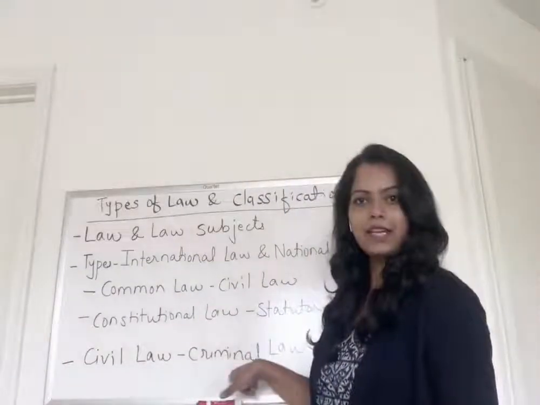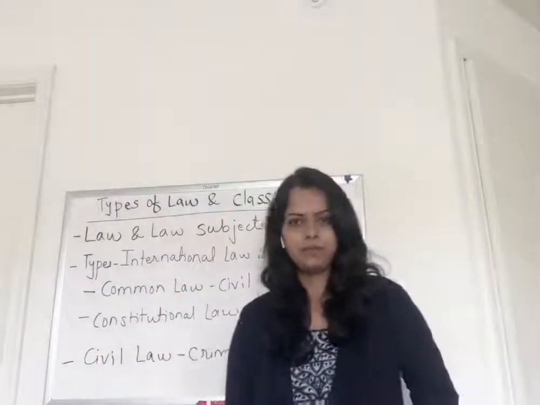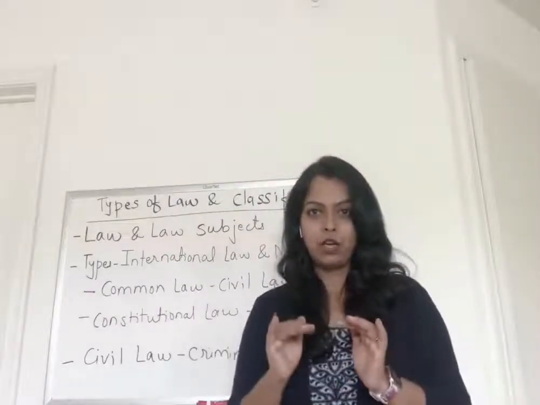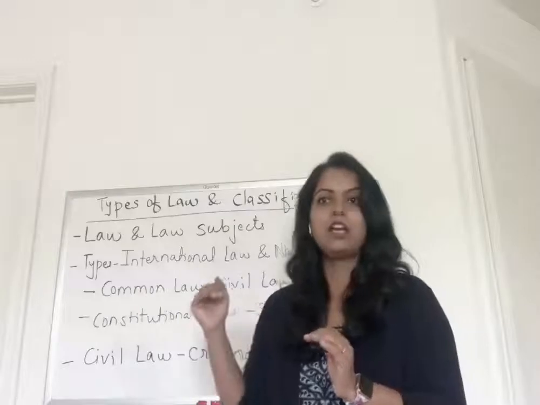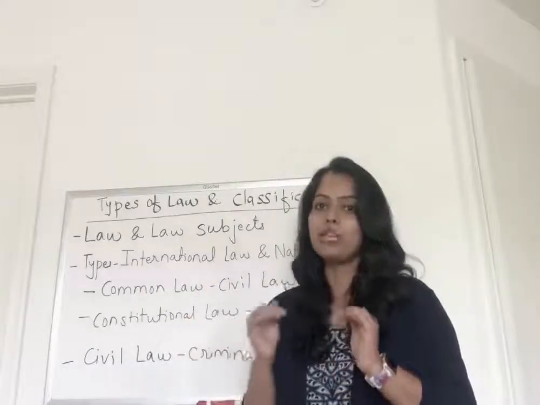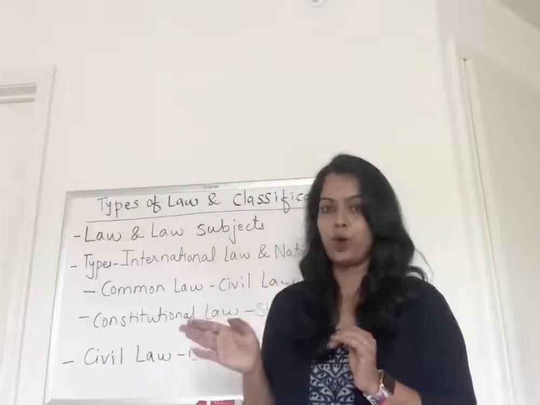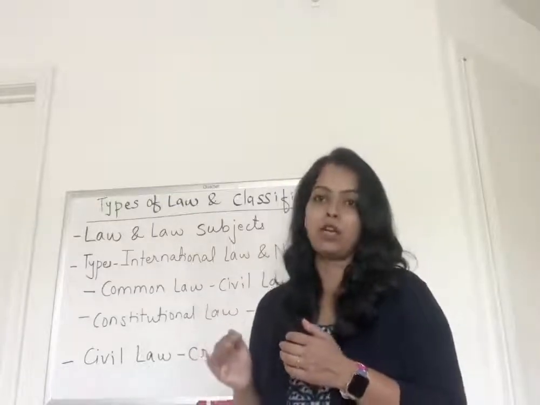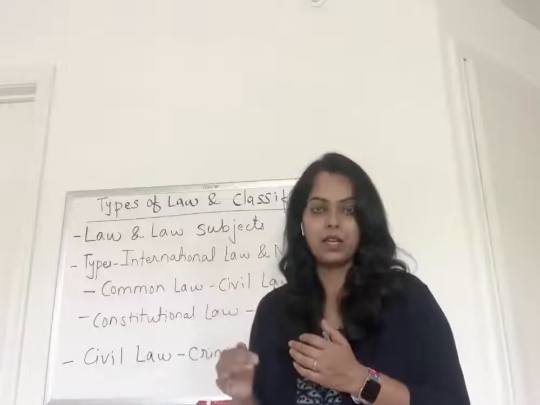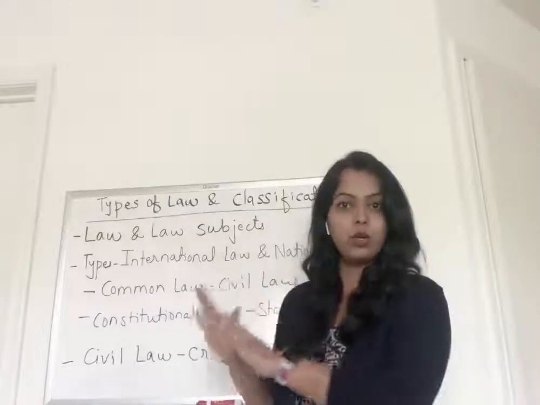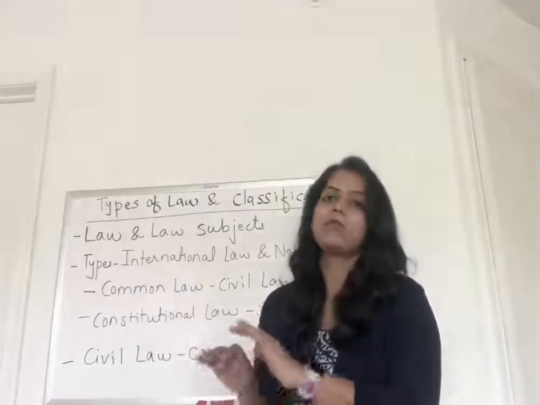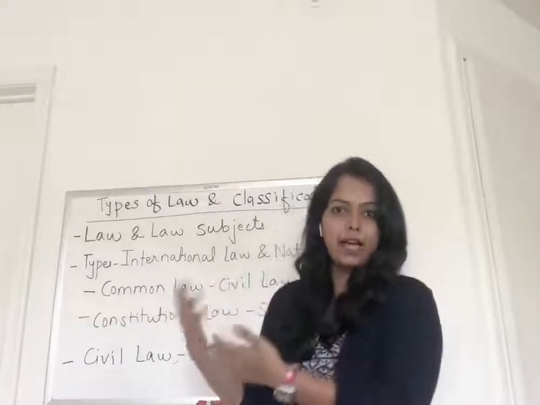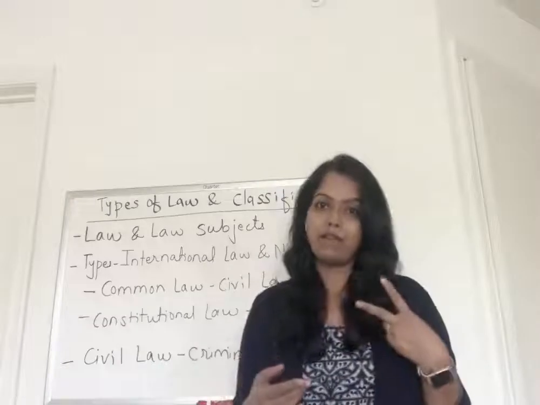Civil law and criminal law. Basically, civil law deals with civil transactions and criminal law deals with criminal content. The object of civil law is not to punish the wrongdoer but to correct the situation. The object of criminal law to a great extent is to punish the individual and to control crime in society. In civil law, suits or legal actions are between 2 private parties.